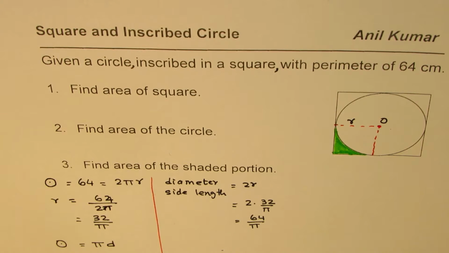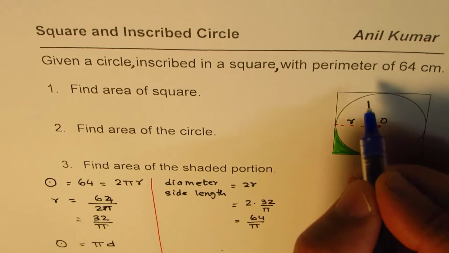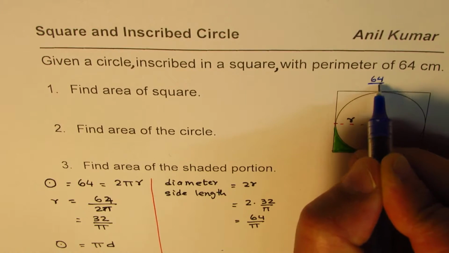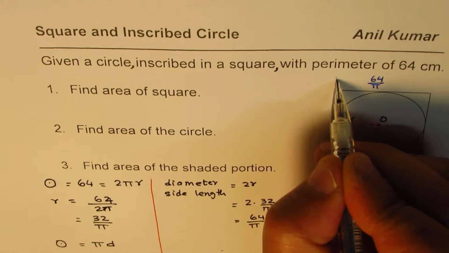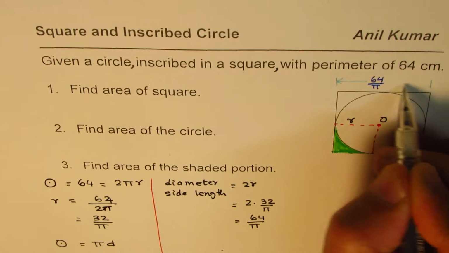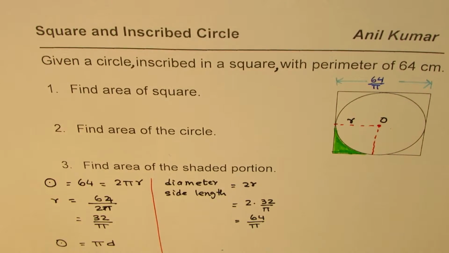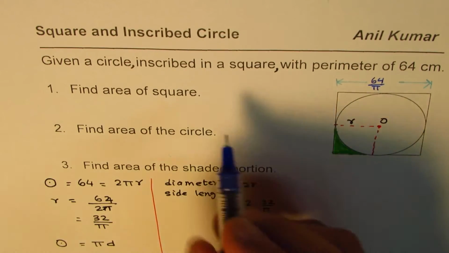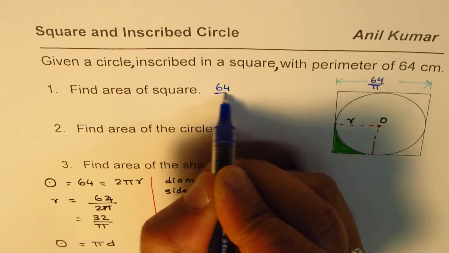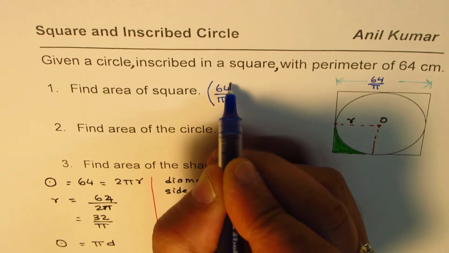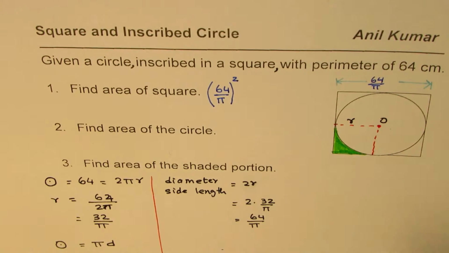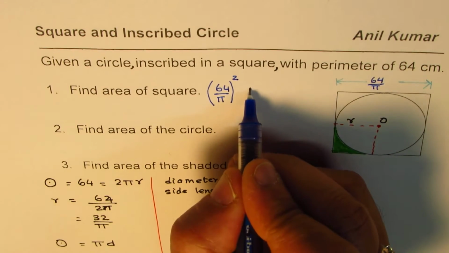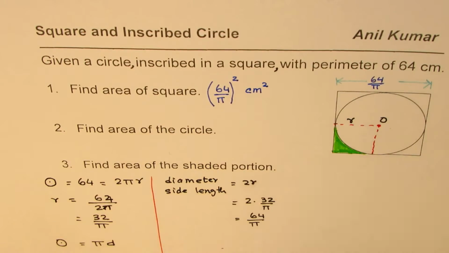So the length of the side of the square is 64 over pi. And therefore, what should be the area? The area will be the square of this, so 64 over pi whole square. That becomes the area of the square. You could always use a calculator to find this answer, in centimeters squared.